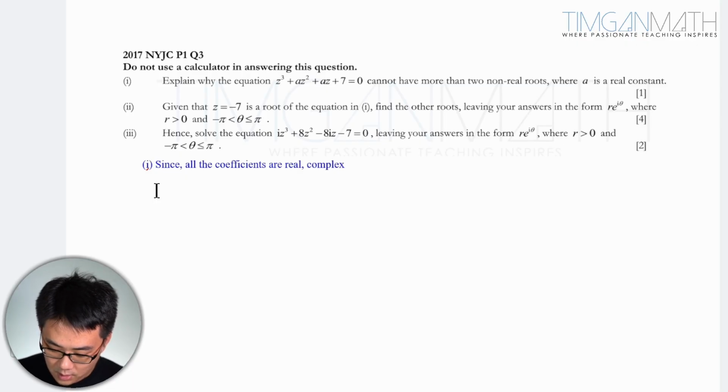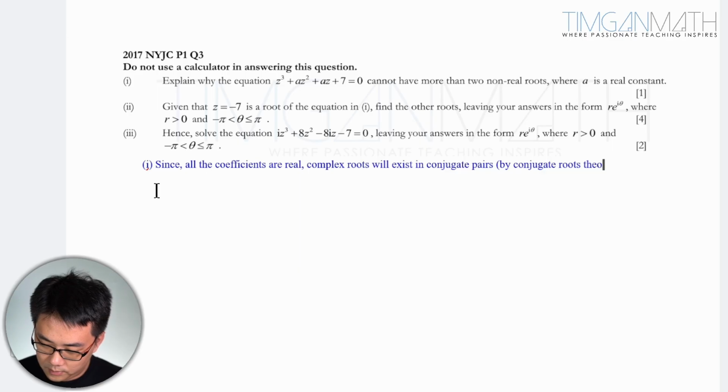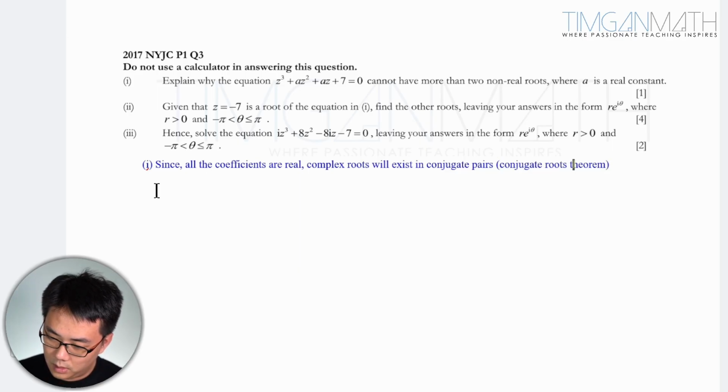Complex roots will exist in conjugate pairs by conjugate roots theorem. Okay. Equation has a degree of 3. Thus, it will have 3 roots.